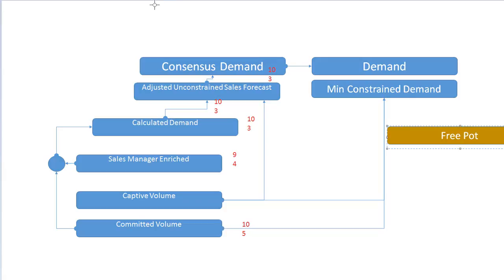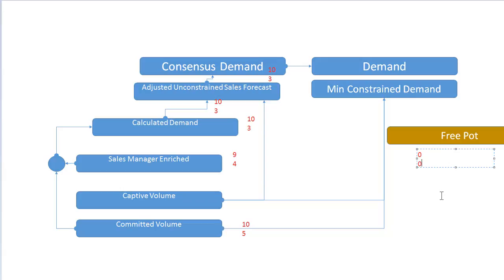Now, the results in the free pot will be, for the first combination, the free pot will have a value of 0, since the consensus demand and the committed volume are the same, 10. But for the second combination will be also 0.